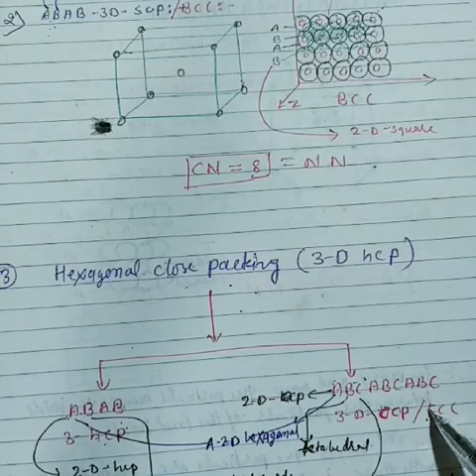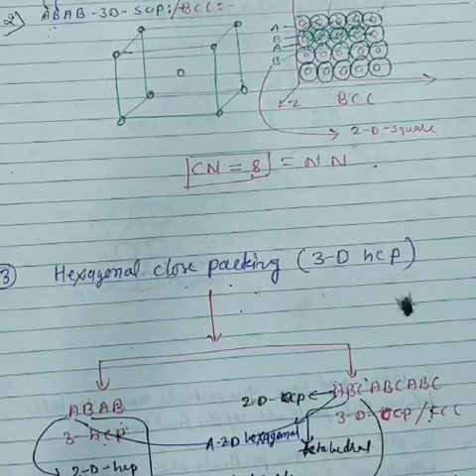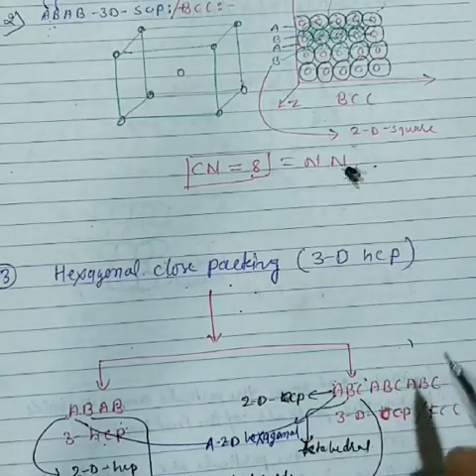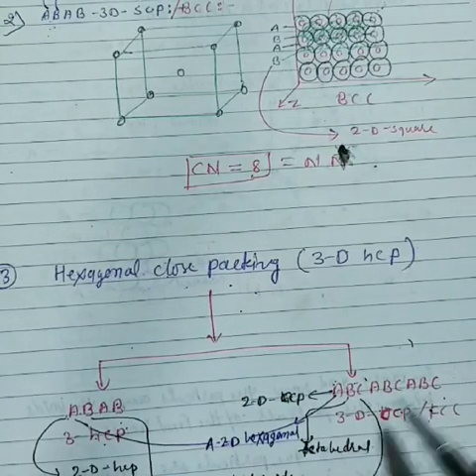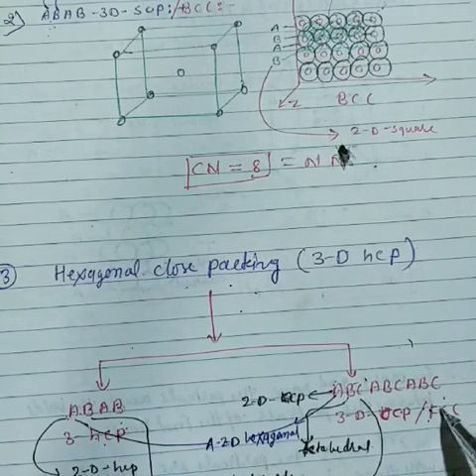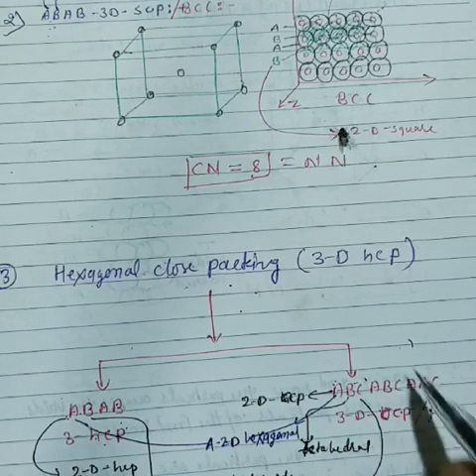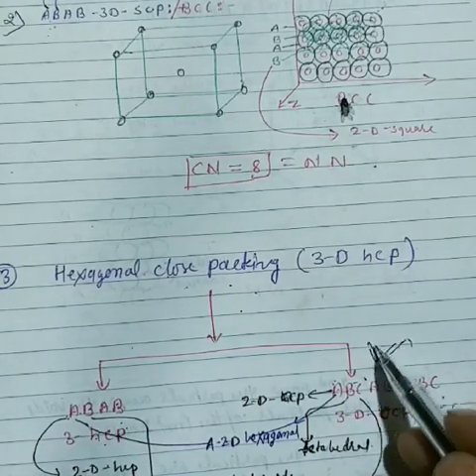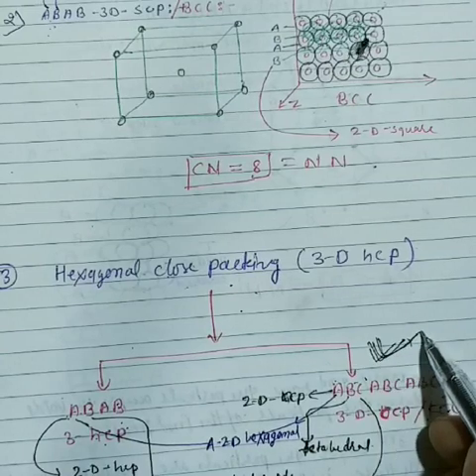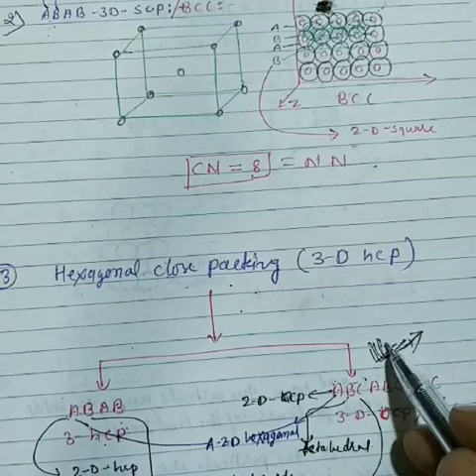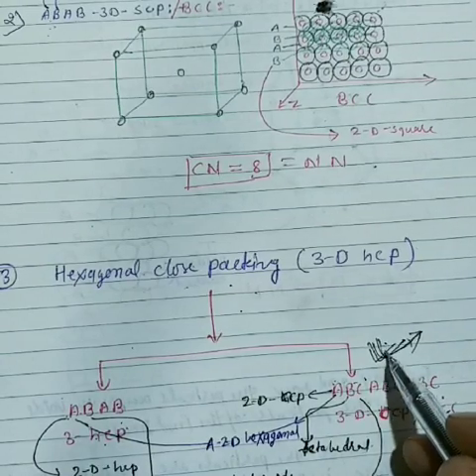In this chapter, about 90% of questions depend on CCP or FCC. Any question generally involves CCP or FCC. So it is very important. This topic is very important for all kinds of competitive exams and theoretical exams.